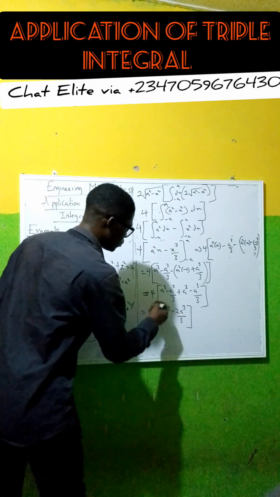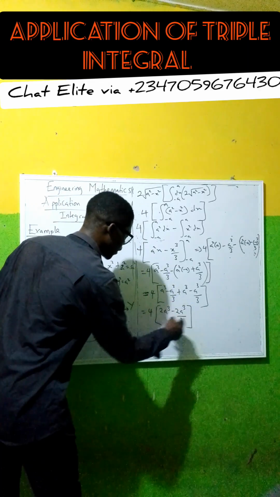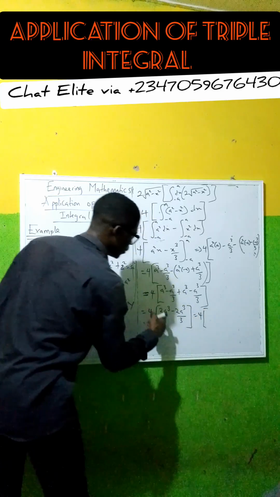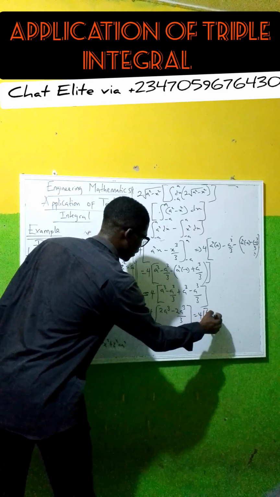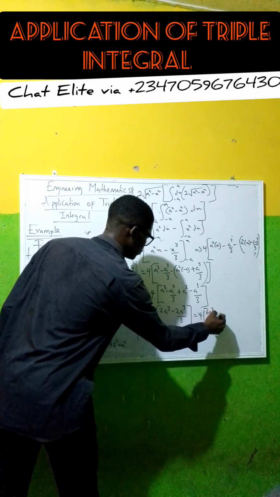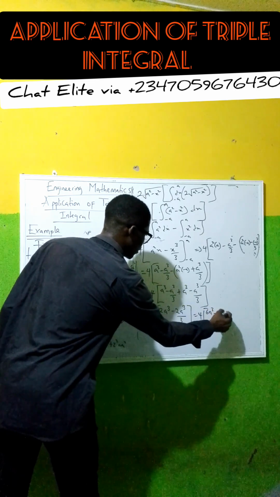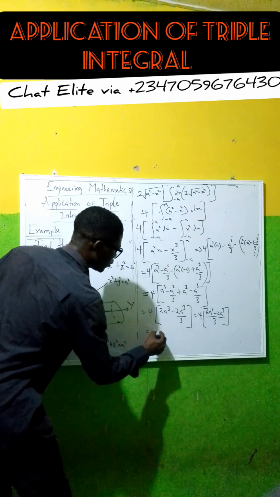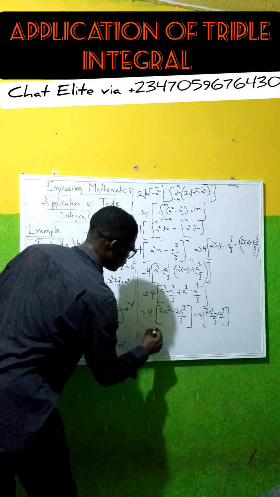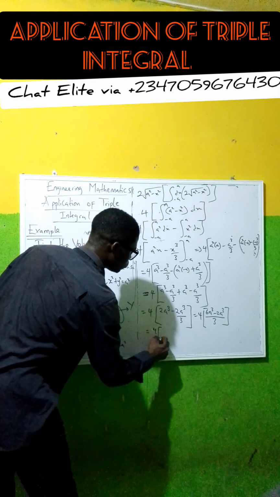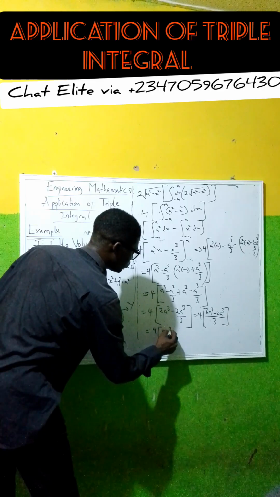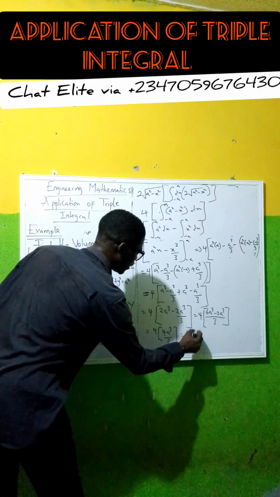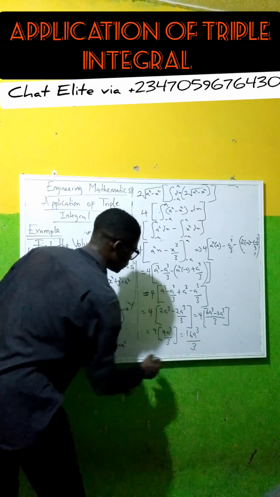So what would be our LCM? Our LCM is going to be 3, then this one becomes 6a cube minus 2a cube over 3. All right, so this one becomes 4 into 4a cube over 3. At the end of the day, we're having 16a cube over 3.